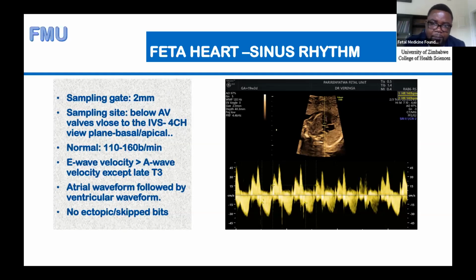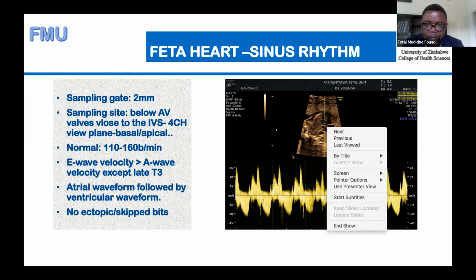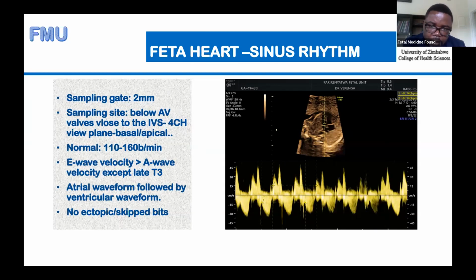So that means with this kind of heart assessment, I'm able to comment on the rhythm, whether it is a sinus rhythm or it's not a sinus rhythm. How can we do that? If you look, this is blood flowing into the ventricle. So we have the E and the A wave, which are the passive and the active filling of the ventricle. Then the other waveform you see is part of the outflow tract as blood flows out of the ventricle.